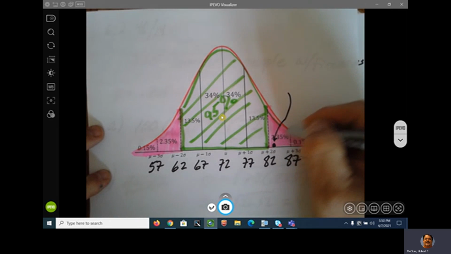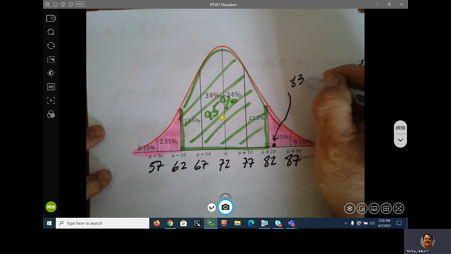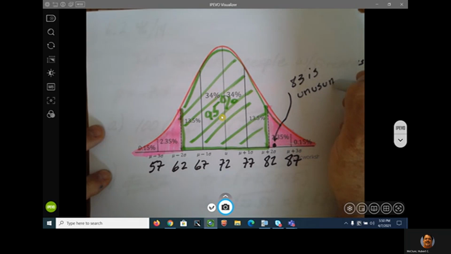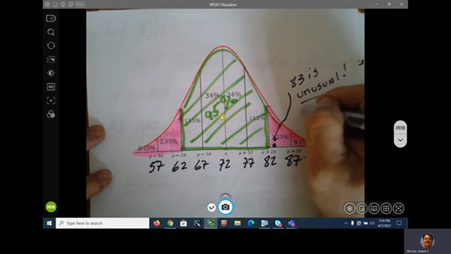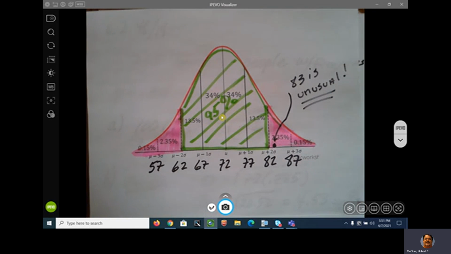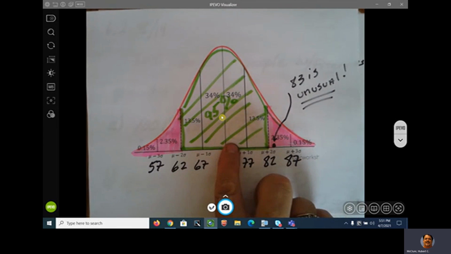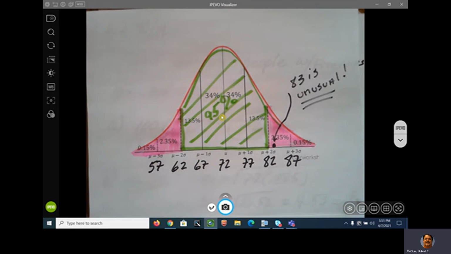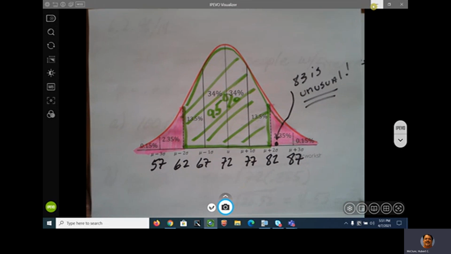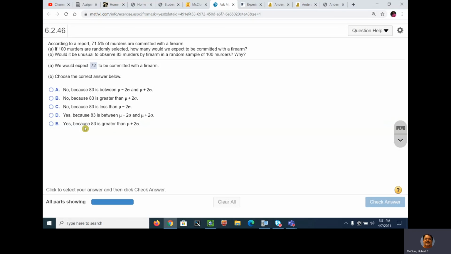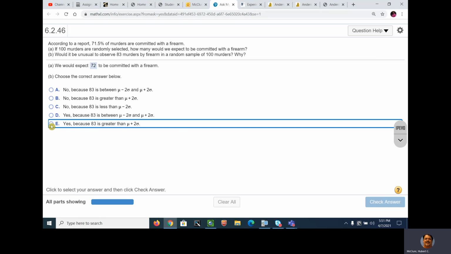So 83 is unusual, because it is outside of the green, which is two standard deviations. 83 is greater than two standard deviations, so you can say yes, because 83 is outside the green area.